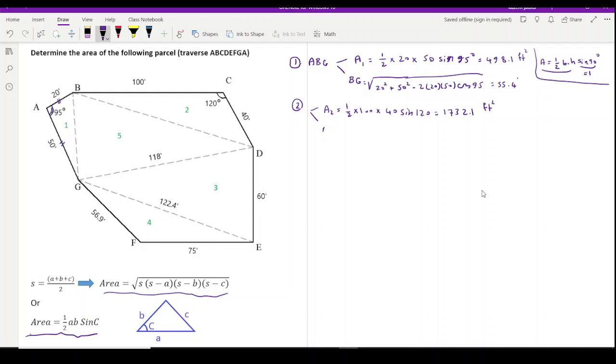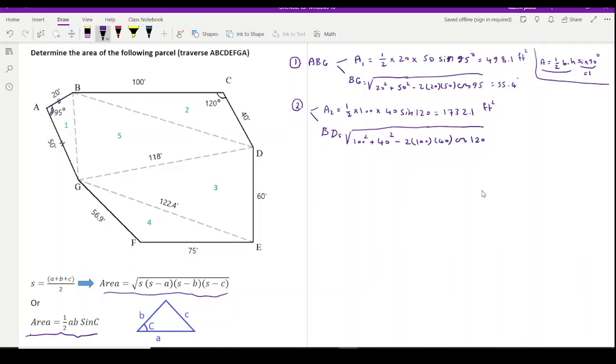And also for the length BD, a similar equation is going to be used. It's 100 squared plus 40 squared minus 2 times 100 times 40 times cosine of the angle between these two, which is 120 degrees.